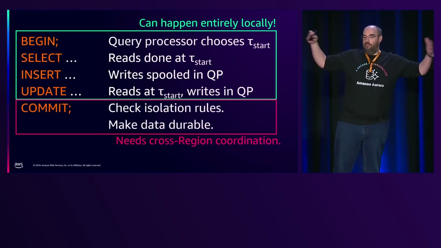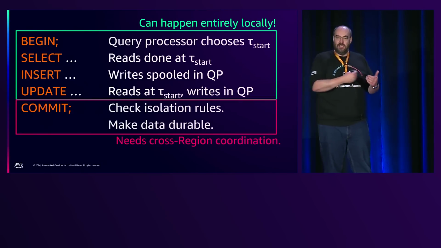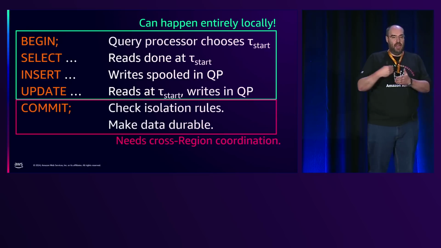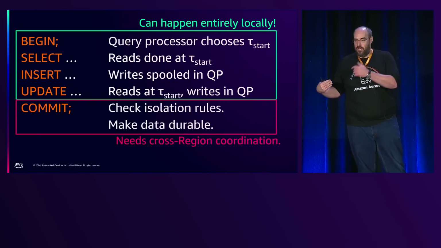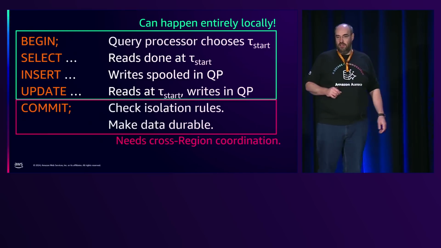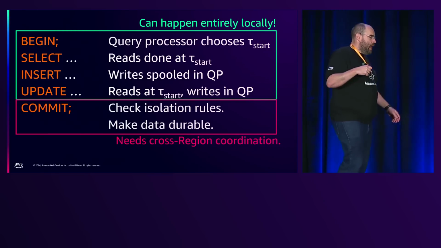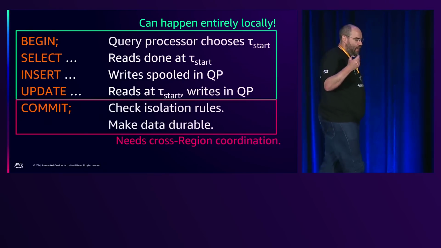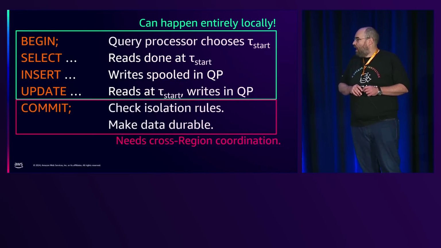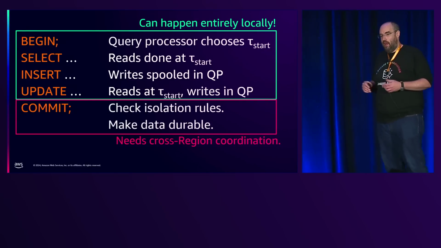And so you can write a relatively complex transaction that does a bunch of inserts, a bunch of selects, a bunch of updates, without having to worry about incurring a cross-region penalty for each of those. And by the way, this is true on both sides of a multi-region implementation of DSQL, unlike some other product offerings in the marketplace, which have one fast side and one slow side because they use a bunch of primary election.